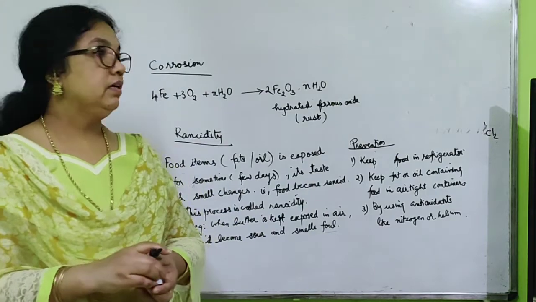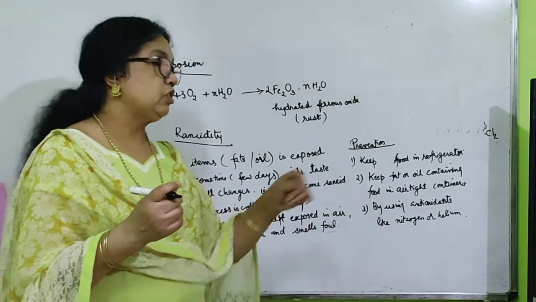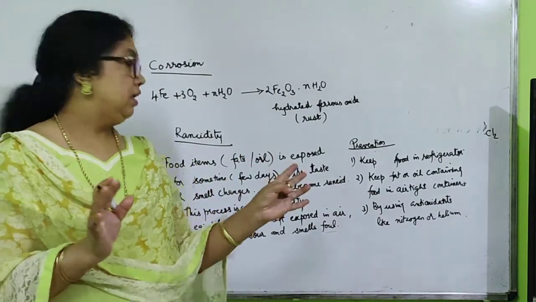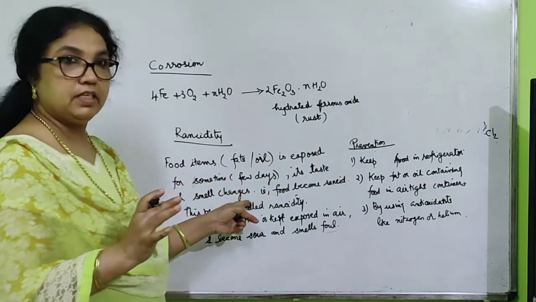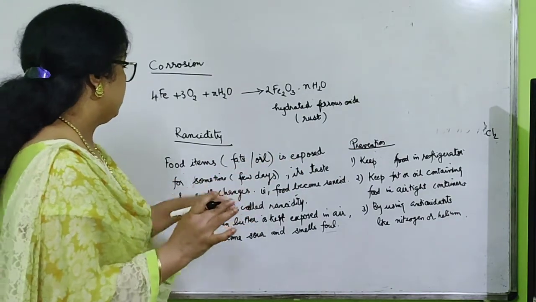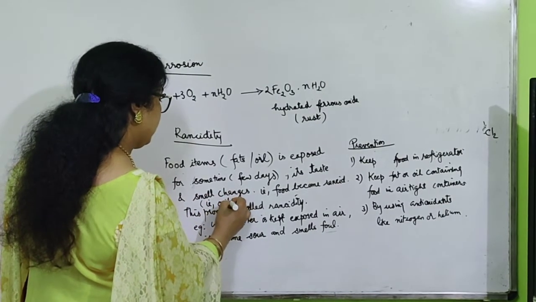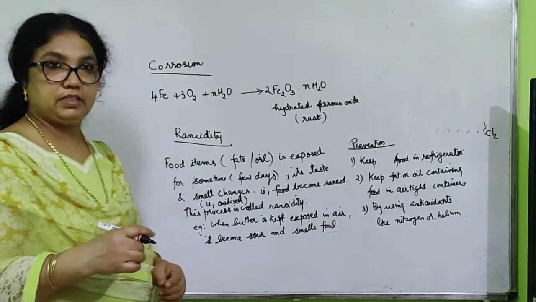While packing chips, they fill the cover with nitrogen gas to prevent oxidation. So rancidity means that when food is kept for some time, its taste and smell changes because it is oxidized. That process is called rancidity.